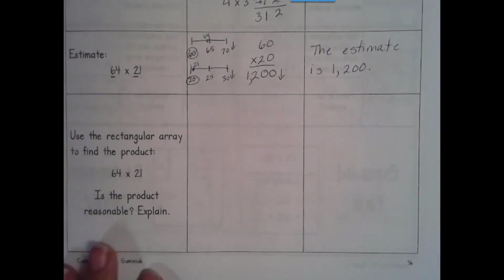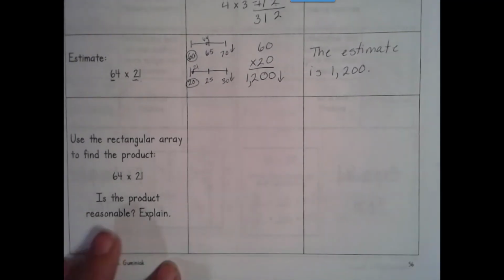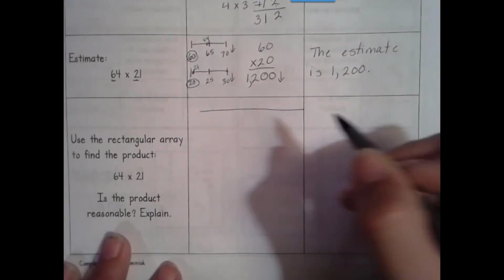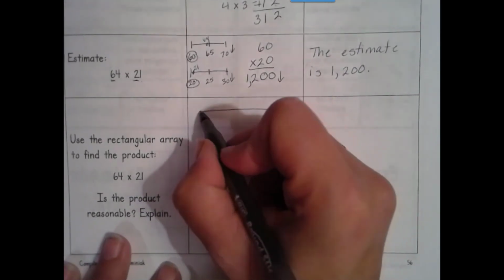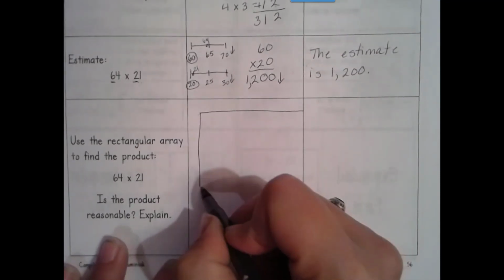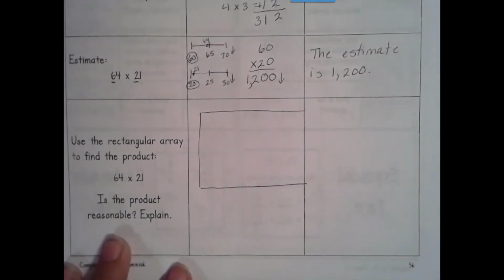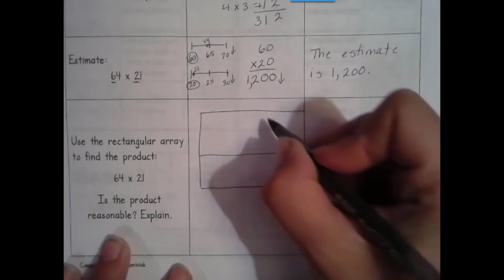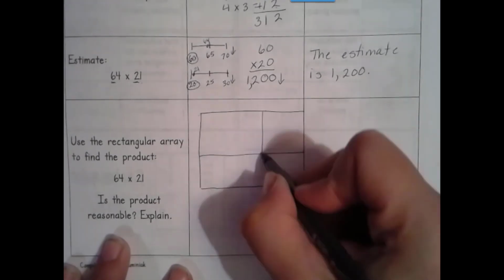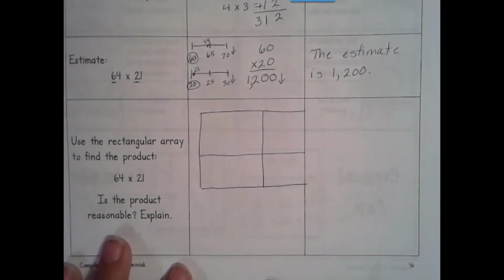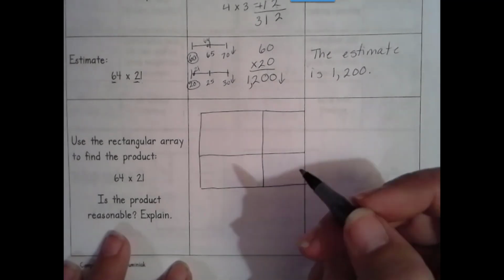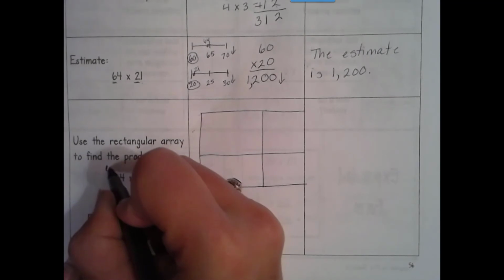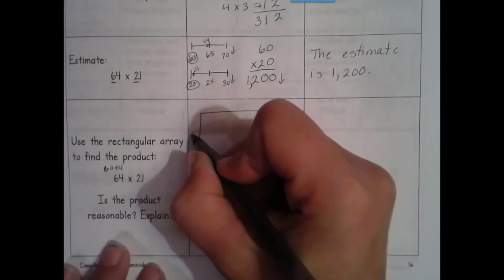All right, let's look at our rectangular array. I'm going to make it big. Put it into 4 sections. Right, so here I break this apart into 60 plus 4.